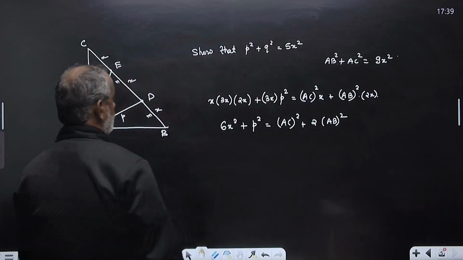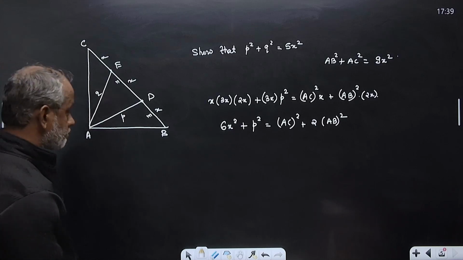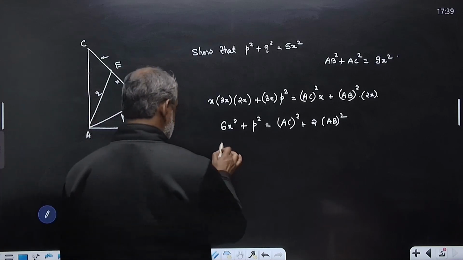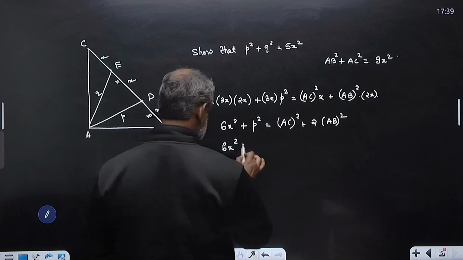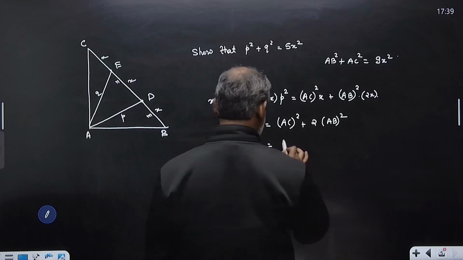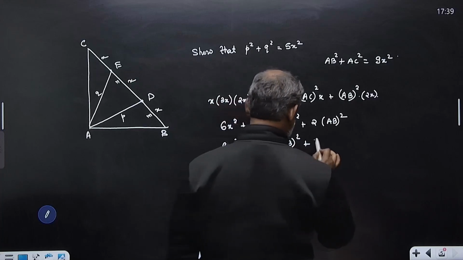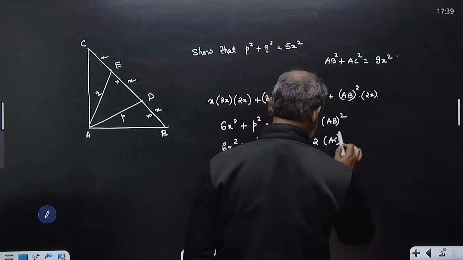Similarly, if you are able to see, what you are going to get again is 6x square plus q square will be AB square plus 2AC square.